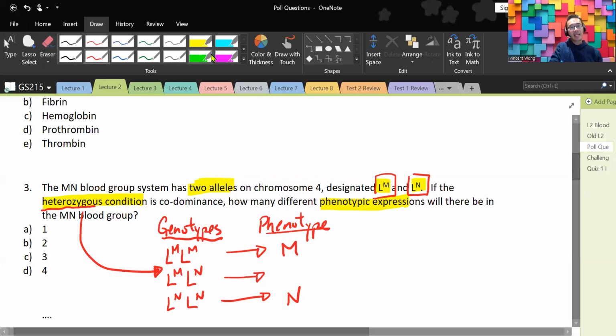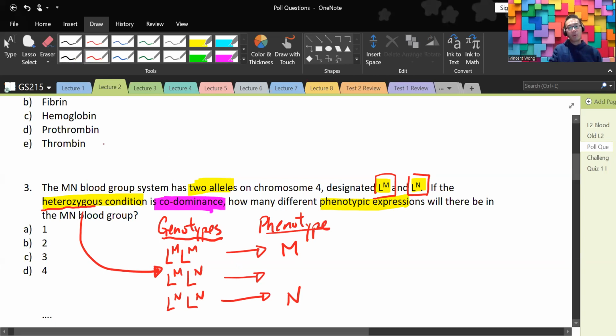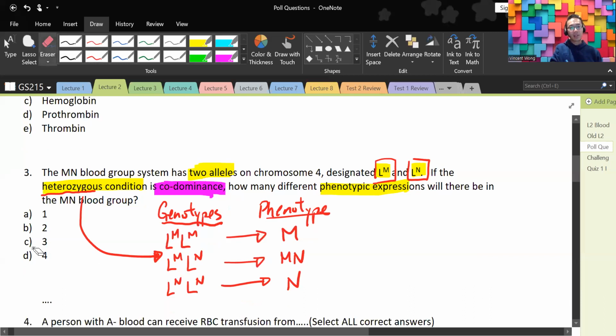Now the question says the heterozygous condition is codominant. What that means is both of them will show up. So not M alone, not N alone. The phenotype would be MN, pretty much like AB blood type. So for that reason, the answer is C. There are 3 possible phenotypic expressions.